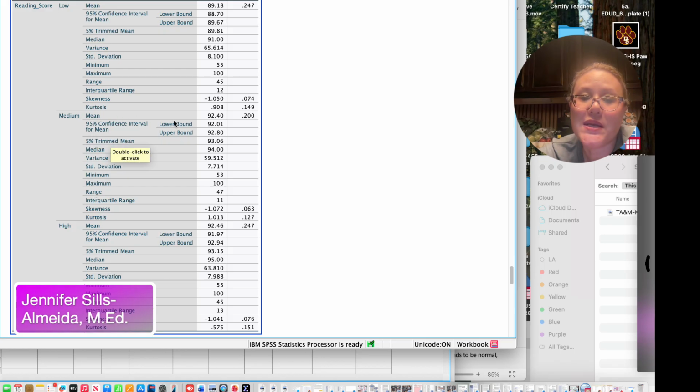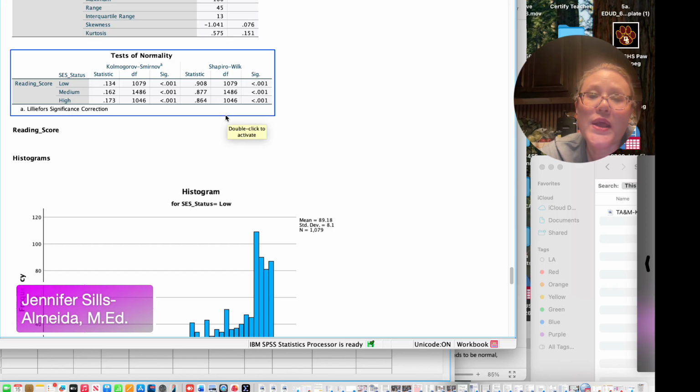It's important to note that the medium had a score of 92.4, while the high socioeconomic status had 92.46. So 92.4 for medium and 92.46 for high is only a 0.06 difference. However, the difference between low and medium, and between low and high, is greater: 89 versus 92 for medium, and 89 versus 92.46 for high.